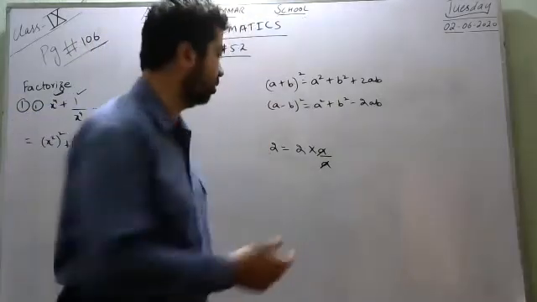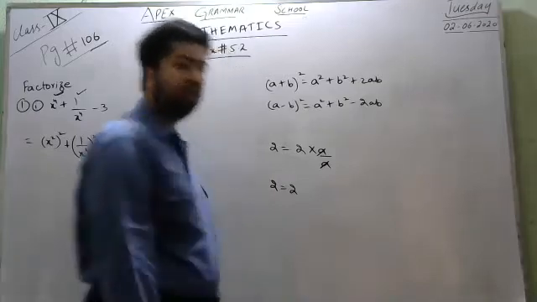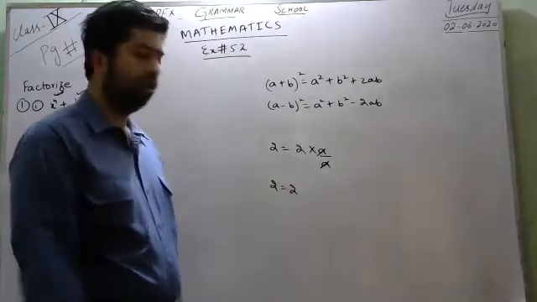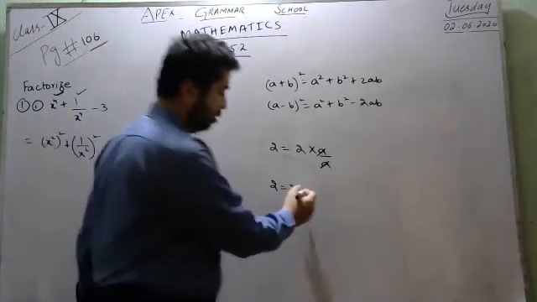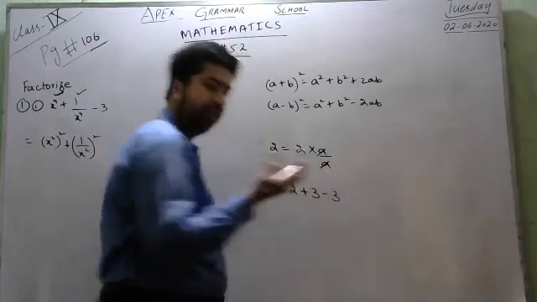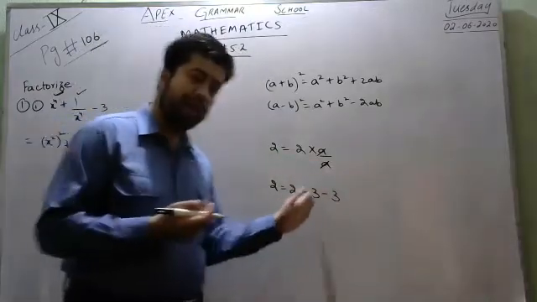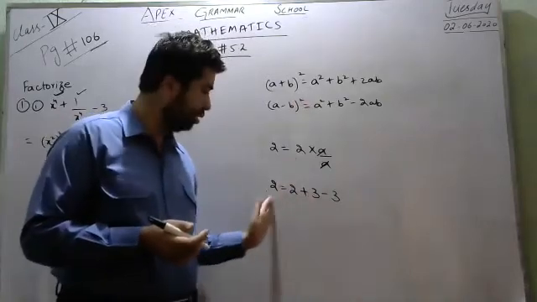Another example: if I write 2 is equal to 2, and I add plus 3 and minus 3, I am adding and again subtracting. Does this affect the equation?